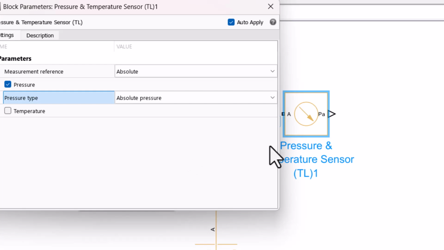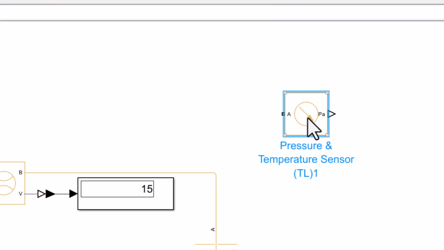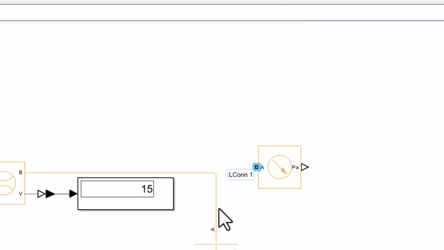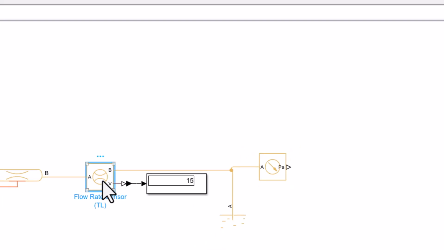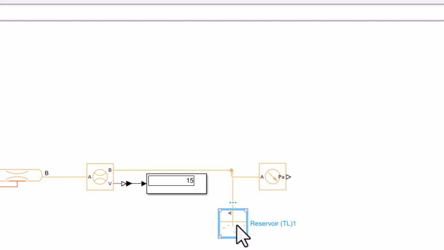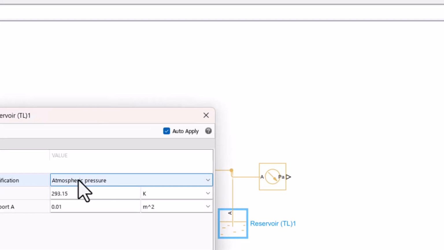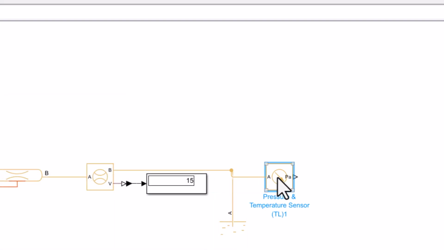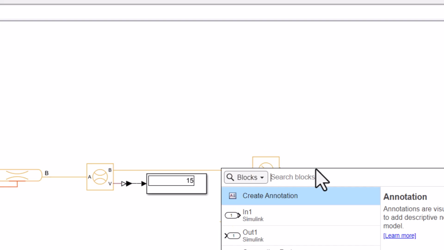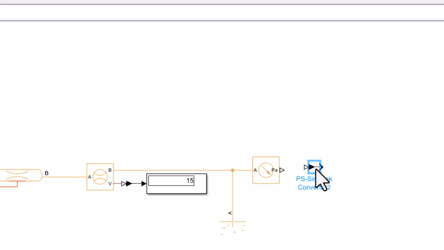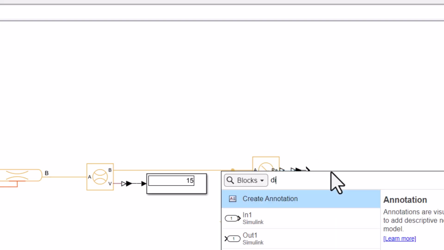First, I set it to absolute pressure, and to see the result, I connect it to the outlet of this block. Since it is directly connected to my reservoir, which is at atmospheric pressure, I expect the output signal of this pressure sensor to be the atmospheric pressure. So I add a PS Simulink converter and the display block.